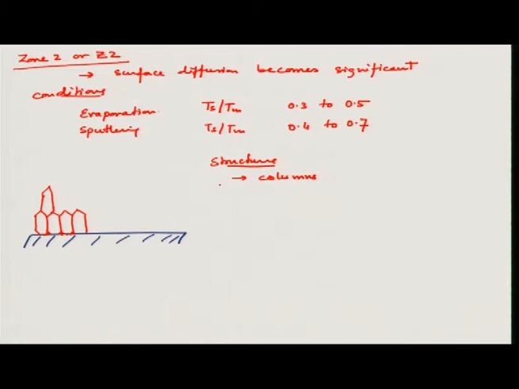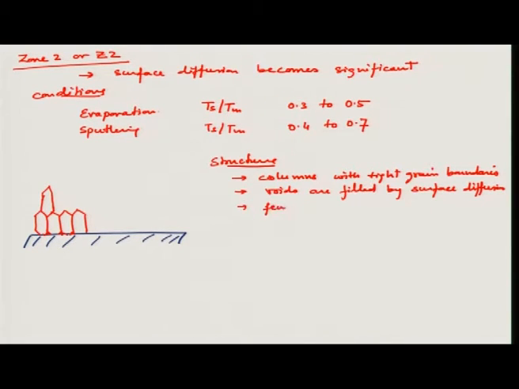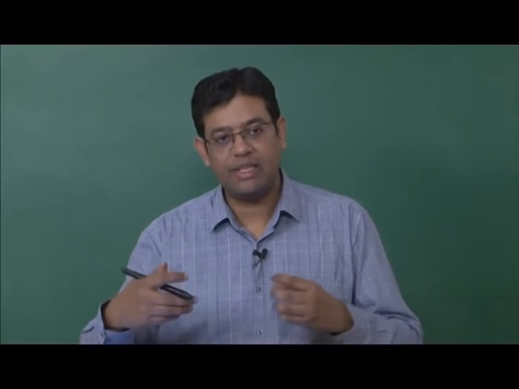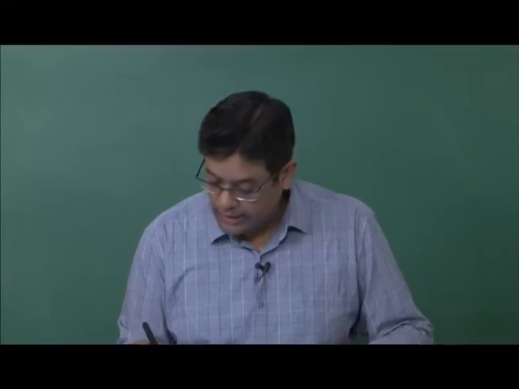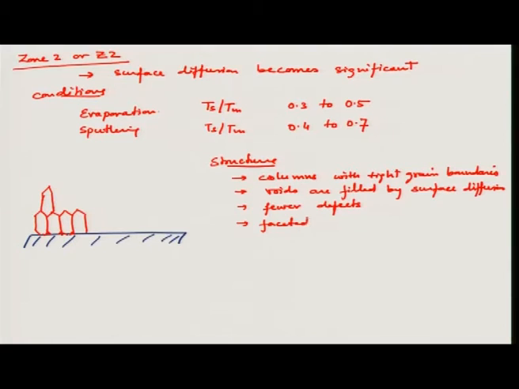So, this is columns with tight grain boundaries, voids filled by surface diffusion, and it has fewer defects because some of the defects which are present when the thin film is growing get annealed out due to the higher temperature. And it has faceted column tops.